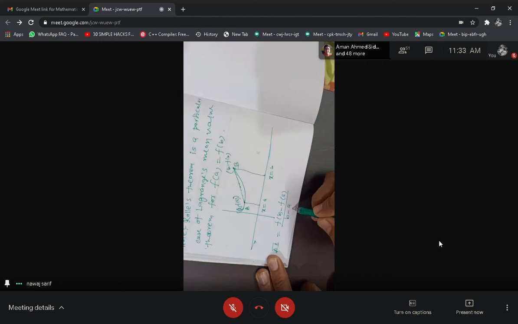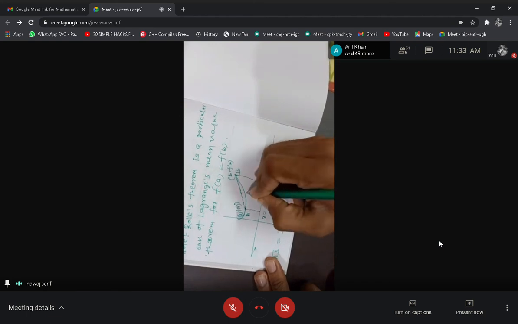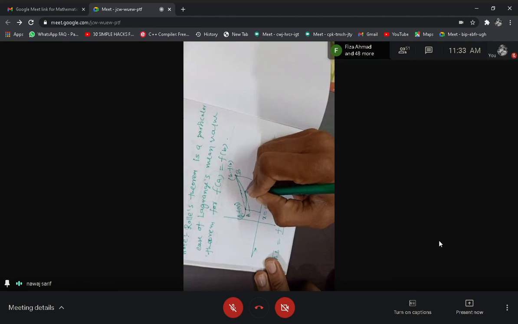So that means the slope of the line joining A and B is f of B minus f of A by B minus A. And what is f dash C? If this point is C, then f dash C means the tangent to this curve.